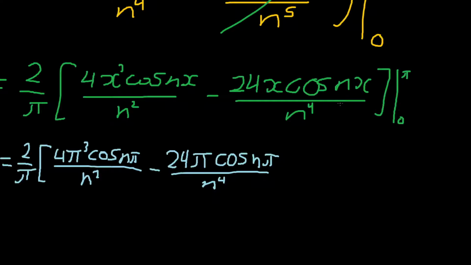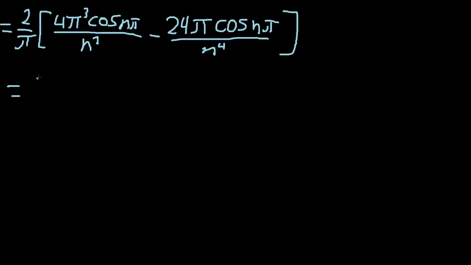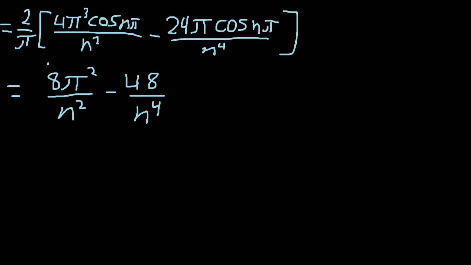And obviously if you plug in 0, you've got the x here and the x here, that's just 0. And distributing the 2, we finally get 8 pi squared cosine, actually, we'll factor out the cosine at the end, over n squared minus 2 times 4 is 48, and obviously the pi's cancel, over n to the fourth.